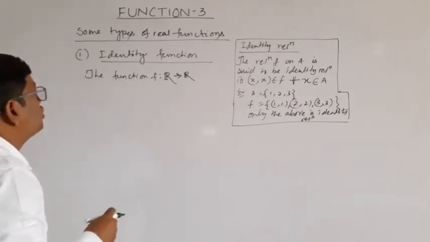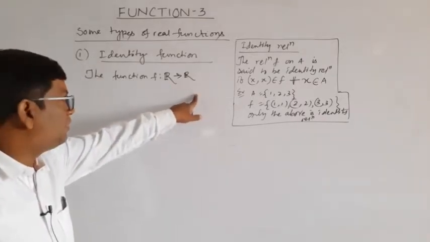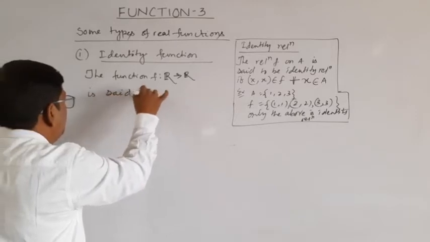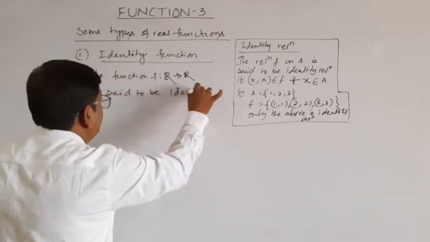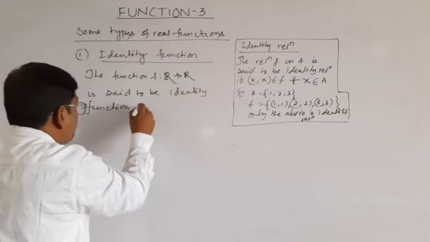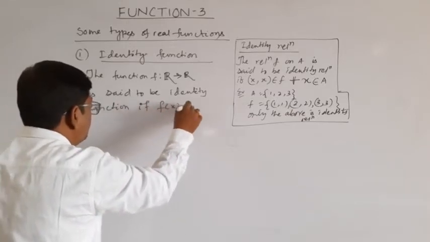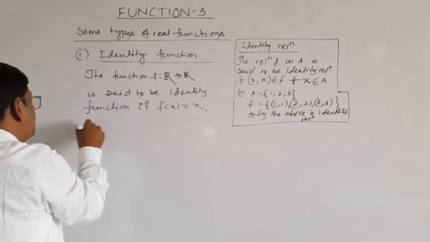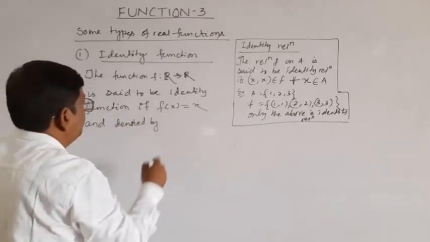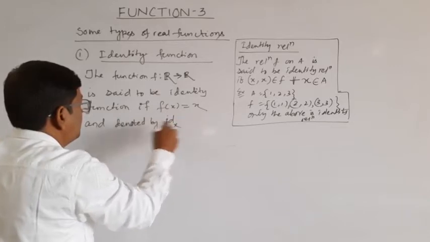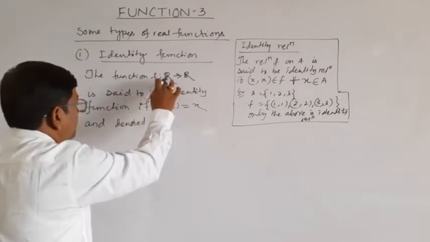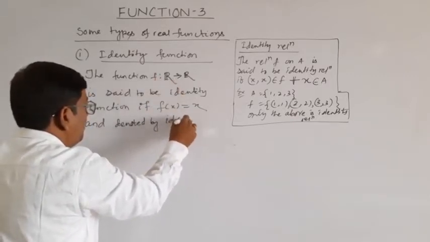The function f from the set of real numbers to the set of real numbers is said to be an identity function if f of x is equal to x, and denoted by I_D. Here I_D of R of x is equal to x.